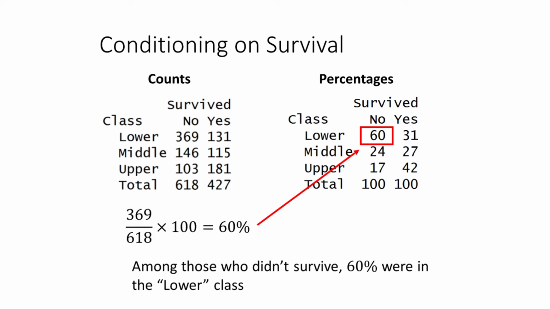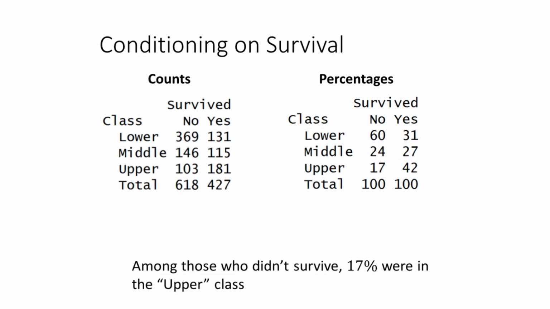This percentage tells us that among those who didn't survive, 60% were in the lower class. In a similar way, 24% were in the middle class among those who didn't survive. We're just taking the count for a particular cell and dividing by the total number of people who didn't survive. And among those who didn't survive, 17% were in the upper class.